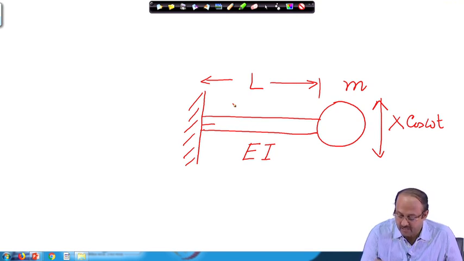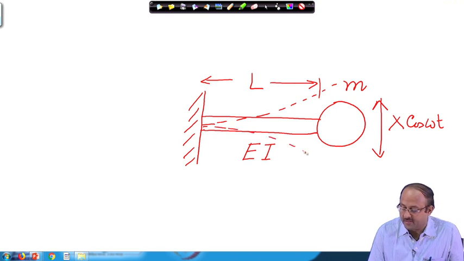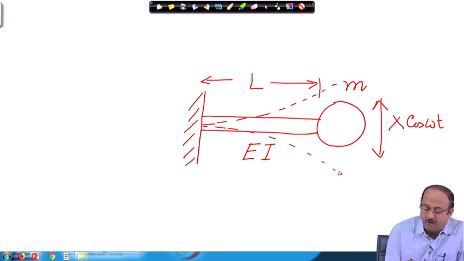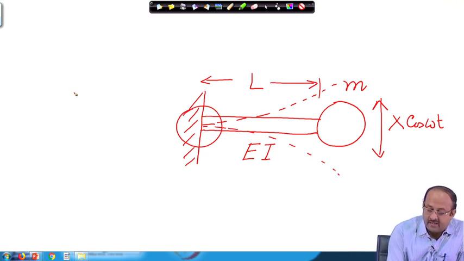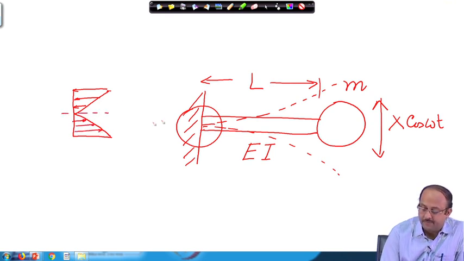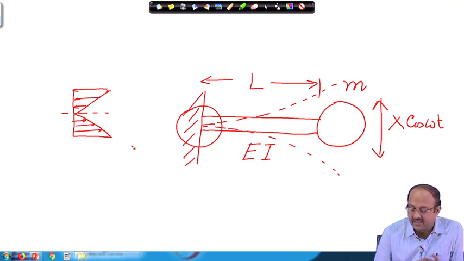The beam will deform this way, that way, and when the beam deforms, then near this joint, the stress developed will be quite large. When the beam is moving upward, compressive stress is developed on the upper surface, and the lower fiber will experience tensile stress.